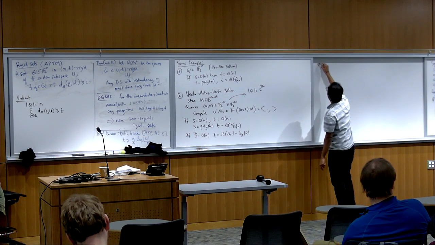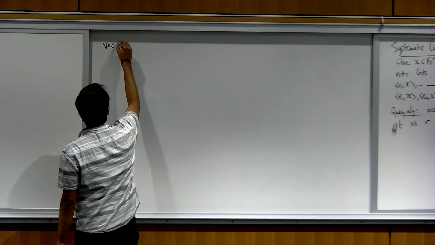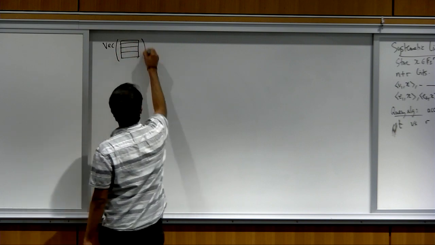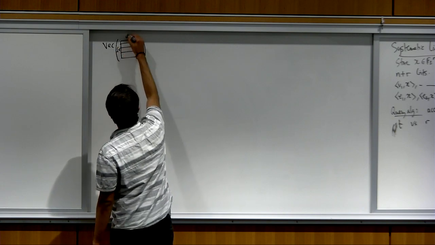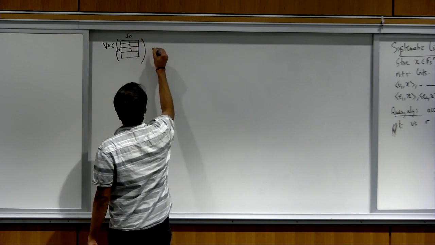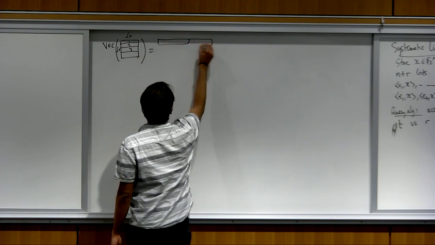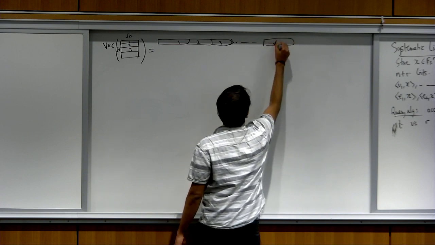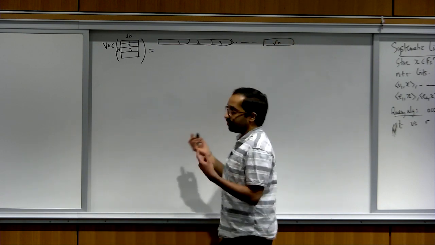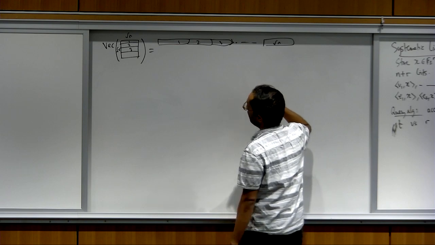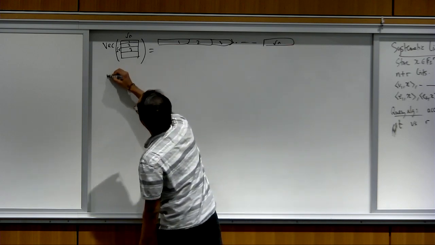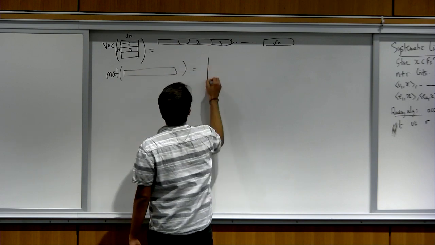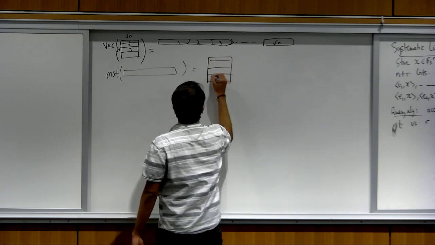I'm going to define the vector of a square root n by square root n matrix as the vector that opens the matrix up, row by row, 1, 2, 3, and so on. And I'm also going to use MAT of the vector to be the matrix that you get.